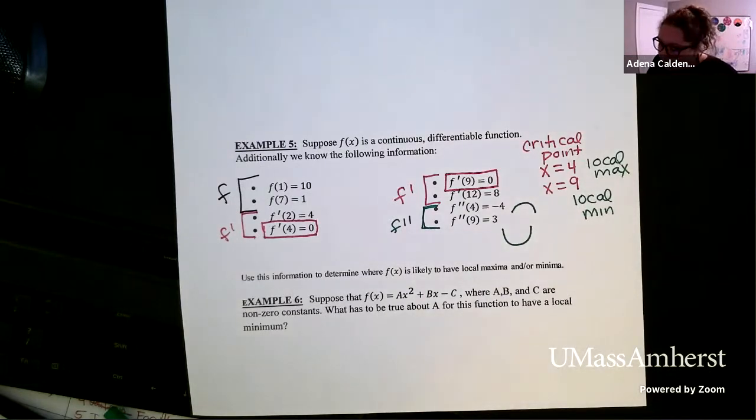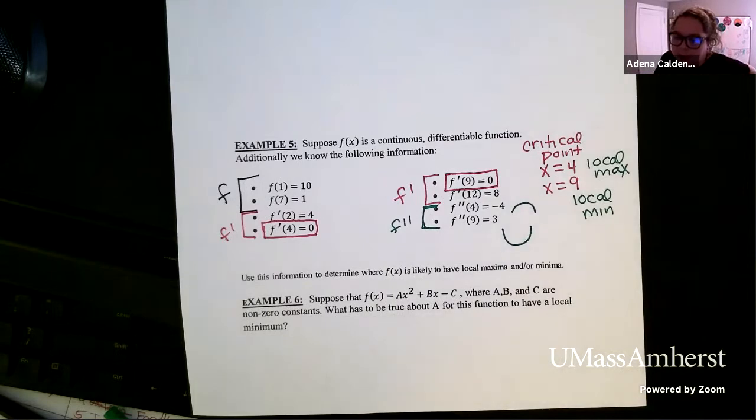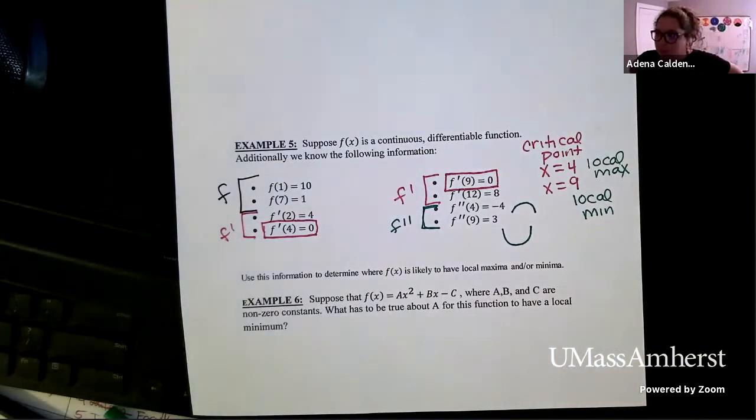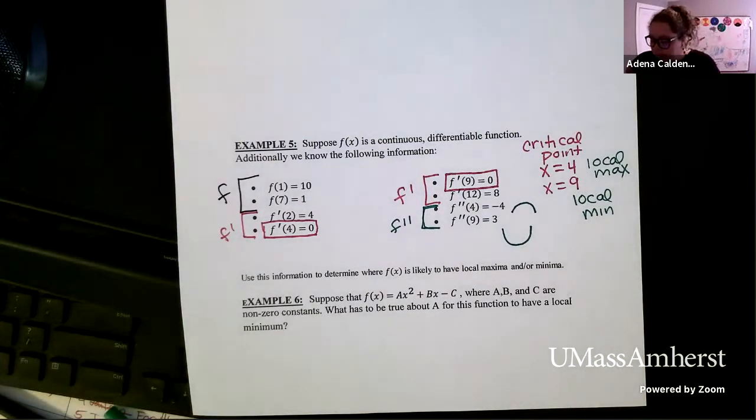So I want you to take 2 minutes, so we have enough time to go over it. See if you can find the first derivative and the critical point. See what you know about that, and then see if you can find the second derivative and if that helps you answer this question. Okay, so I'm just going to give you a quick 2 minutes and then we'll go through it.